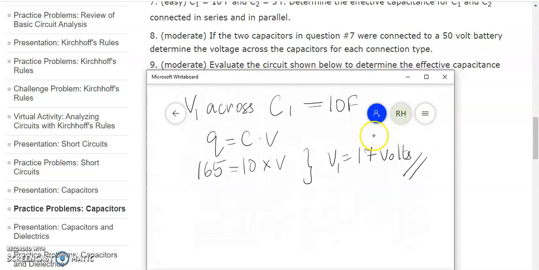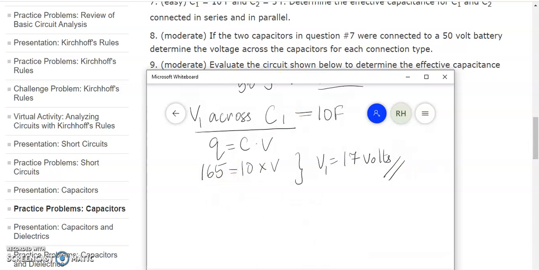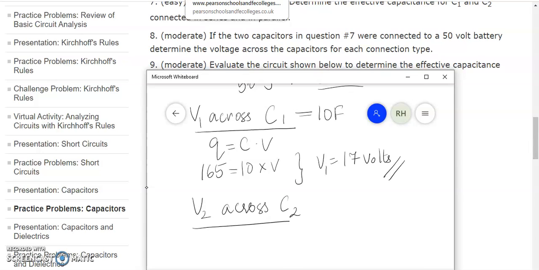Now let's look at, so always put it clearly like this. So V1 across capacitor 1, and now we need to find voltage across capacitor 2. So you name it as V2, voltage 2, and that capacitor 2's value is 5 farads.